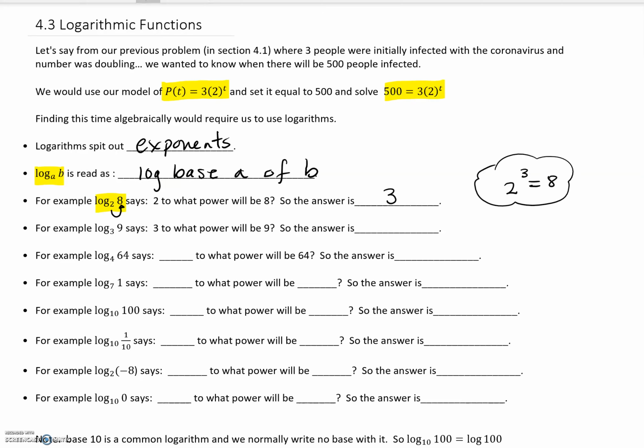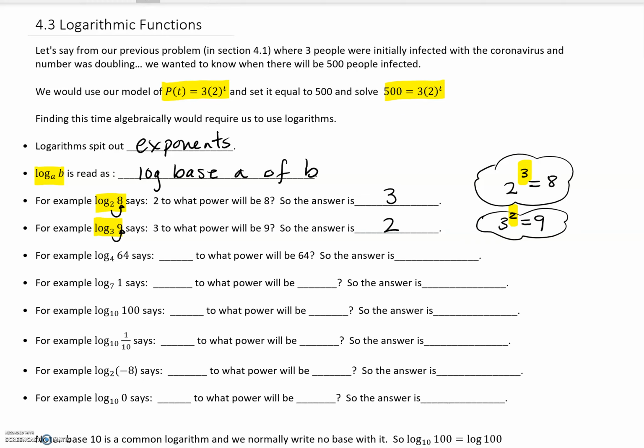Or if I'm looking at log base 3 of 9, I'm asking, 3 to what power gets me to 9? The answer would have to be 2, because 3 squared is equal to 9. So in each case, the logarithm is just spitting out the exponent.